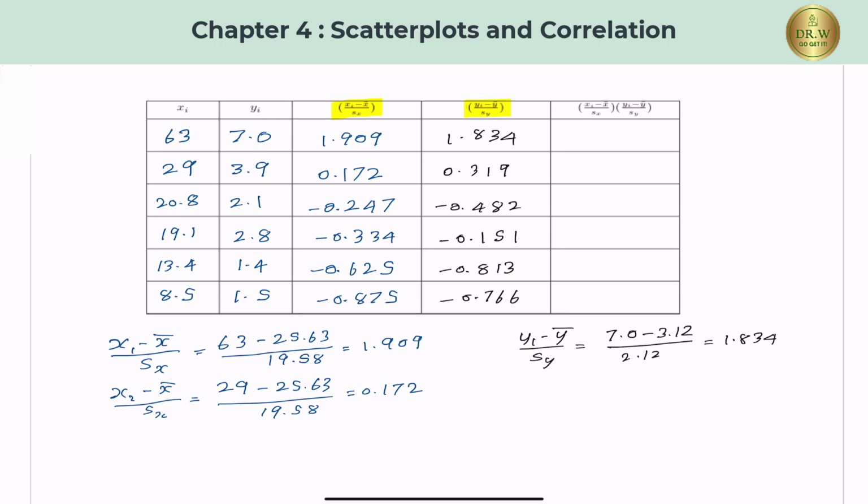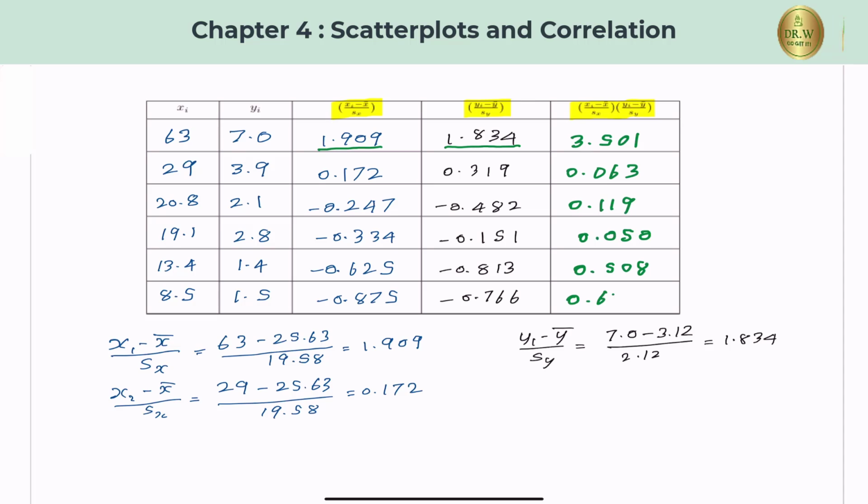The next one, we need to get the multiplication of these two numbers. Yes, you see here the last column, x1 minus x bar over sx times y1 minus y bar over sy. 1.909 times 1.834 is 3.501. Next, 0.063, 0.119, 0.050, 0.508, 0.670.